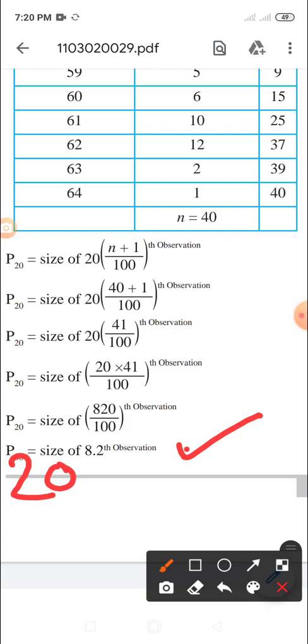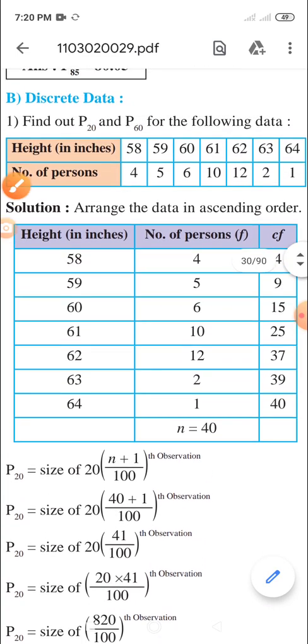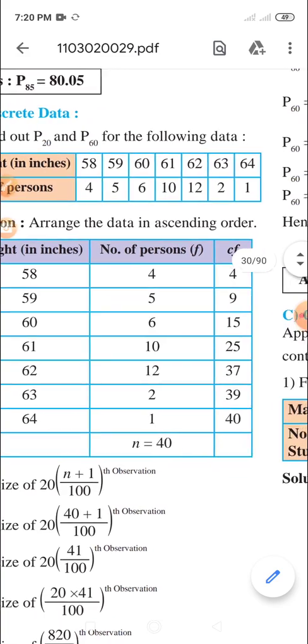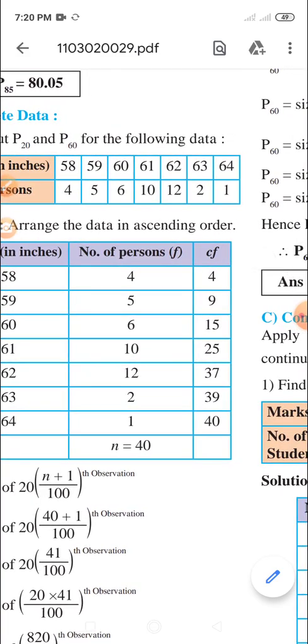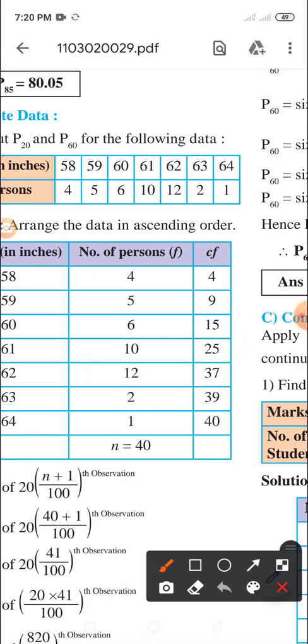So this 8.2nd observation lies in CF 9. So our answer is 59.